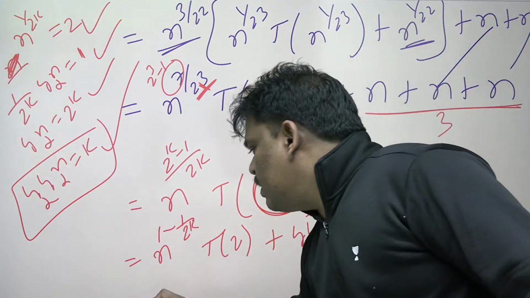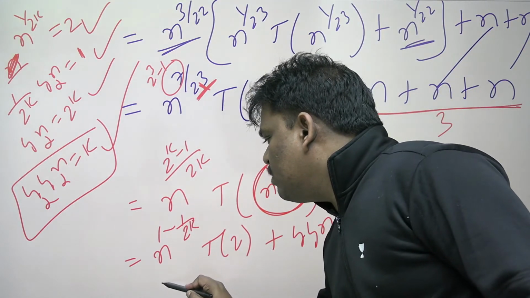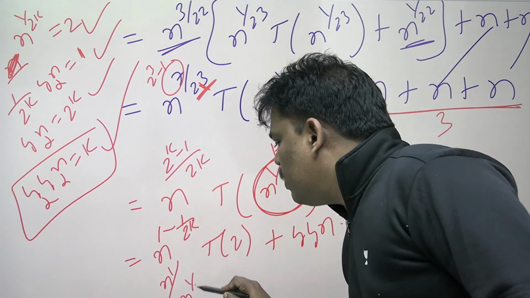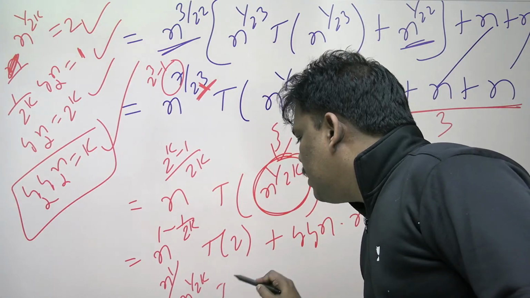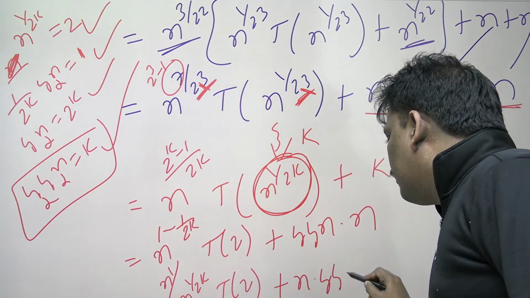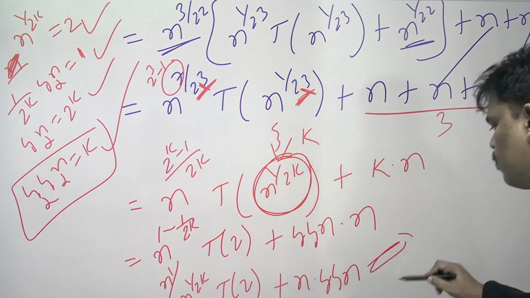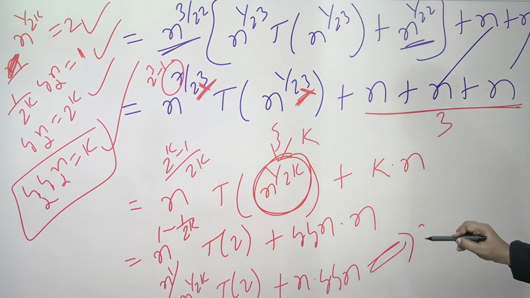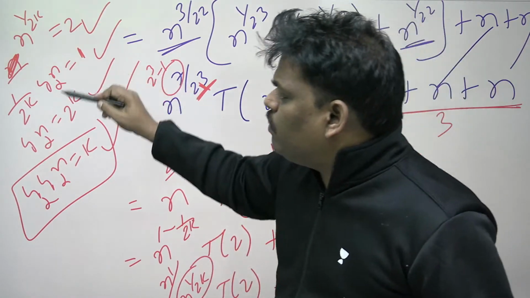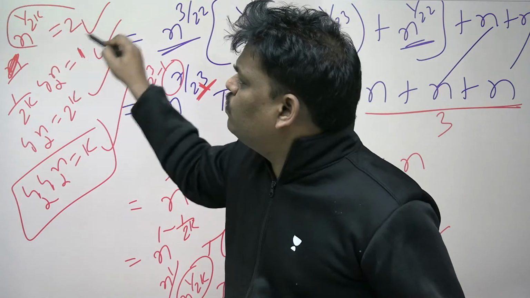So if you observe clearly, this one is nothing but n power 1 by 2 power k. It is the T of 2. It is n into log n. Now if you simplify properly, this can be written as n by n power 1 by 2 power k, which is 2.